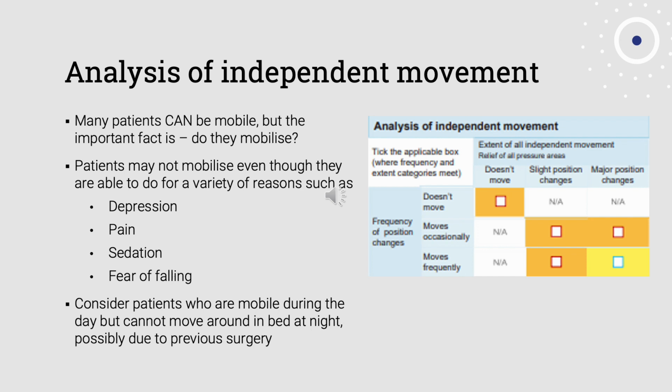Have they had previous falls, which just exacerbates that fear of falling? And so it's just trying to figure out why, and working with our AHP colleagues, so asking our physios to assess the patients, asking the OTs to see can they make them more independent. And so people are more confident mobilising or even just moving in a bed or in the chair independently, just to get more independent movement.